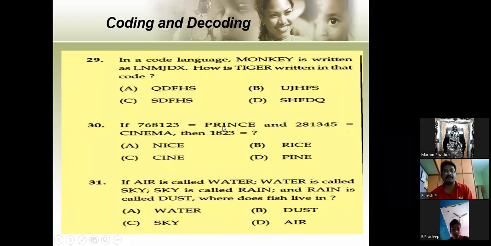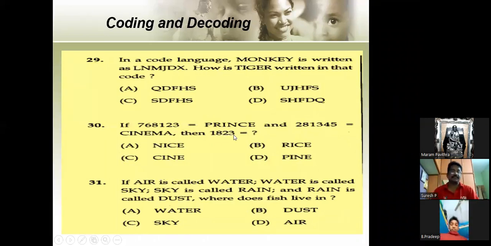76823 is equal to PRINCE. So 7 is the letter P, 6 is R, 8 is I, 1 is N, 2 is C, 3 is E. Then the options are 2, 8, 1, 3, 4, 5 cinema, then 1, 8, 2, 3.